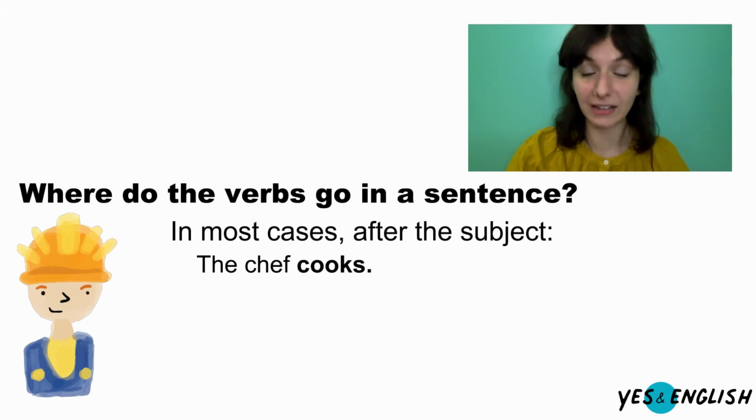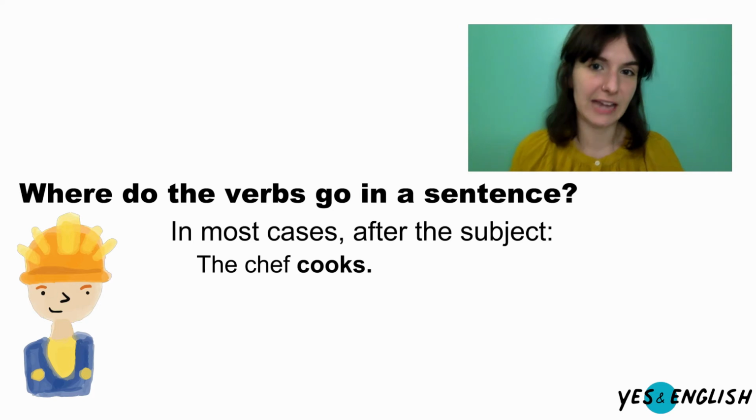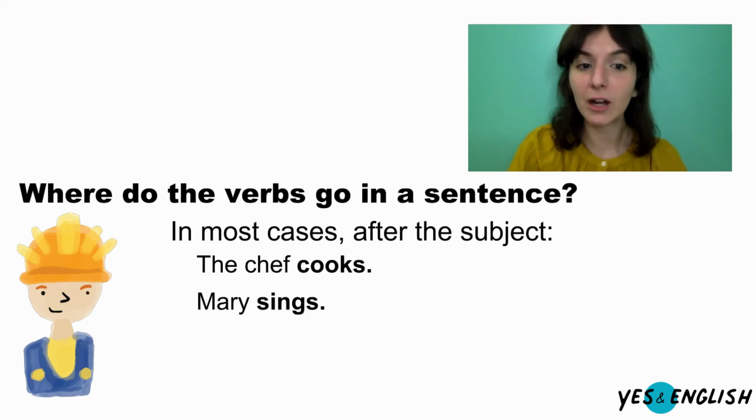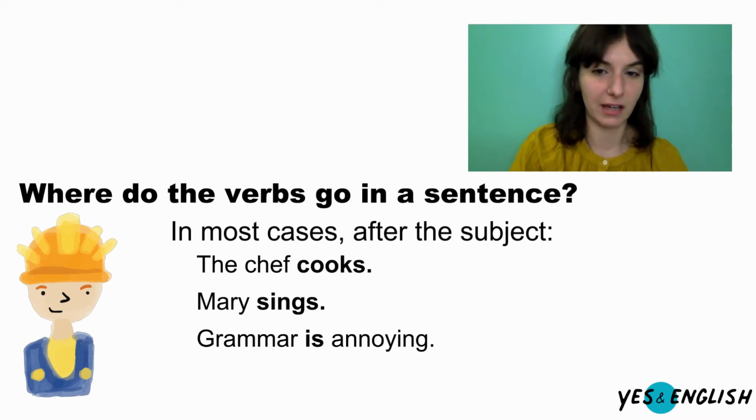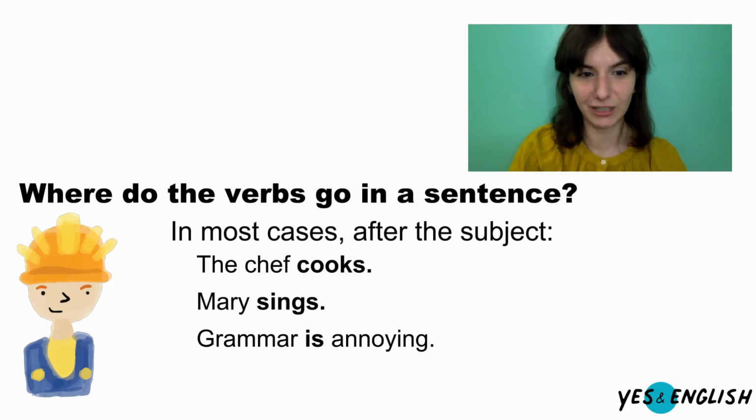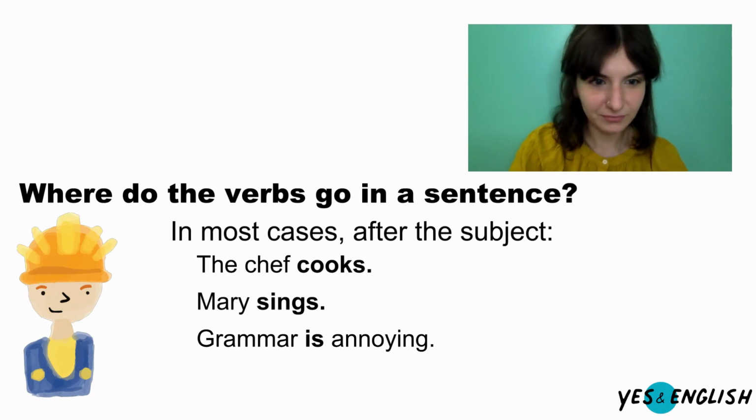The chef is the actor, he's doing the action, so cooks follows immediately after. Or Mary sings. Or, for example, grammar is annoying, but I know none of you think that. It's just not true, right? Grammar is really fun, and we have a great time studying it.